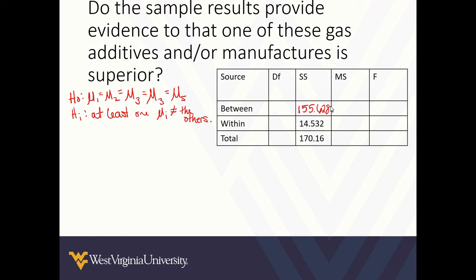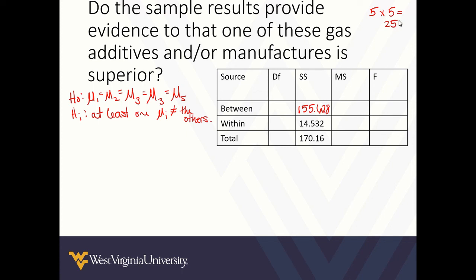Now we need to talk about our degrees of freedom. I personally prefer to find the degrees of freedom for the total and the degrees of freedom for between and then subtract to get within. Why? Because I can easily find the degrees of freedom total. It is our sample size minus 1. We had 5 treatments, and each of those treatments had 5 observations. 5 times 5 is 25, so my sample size was 25.